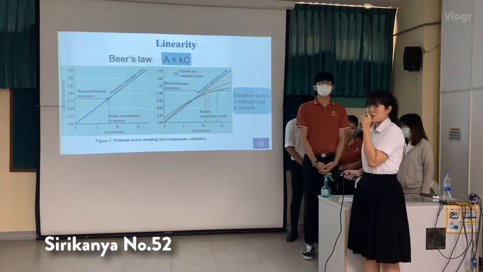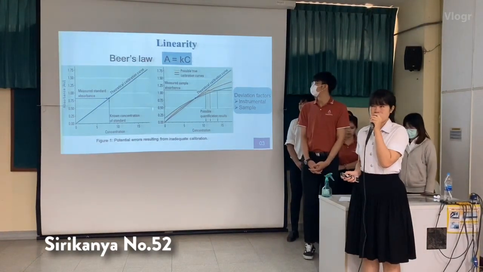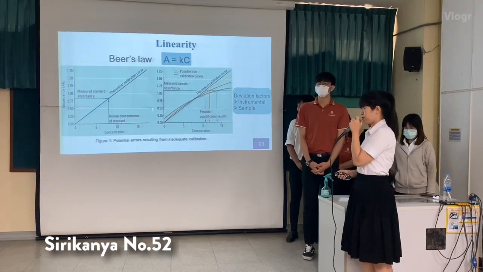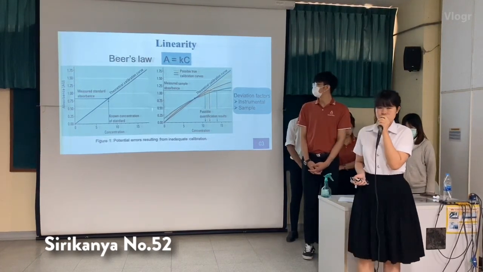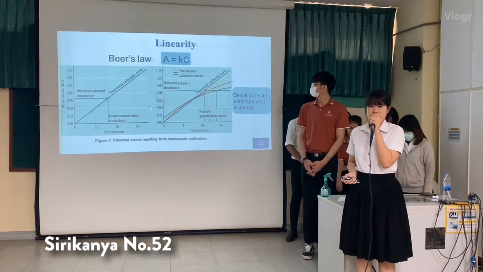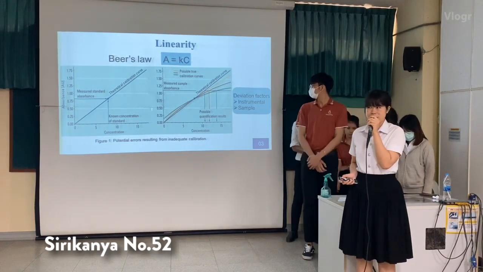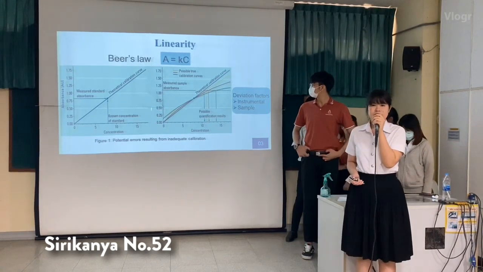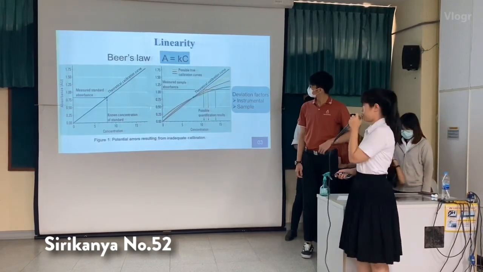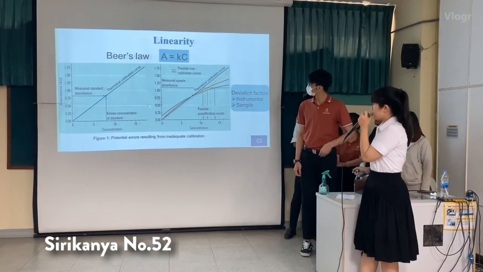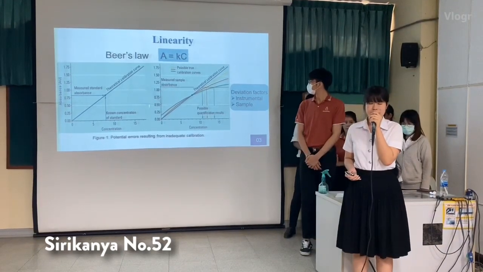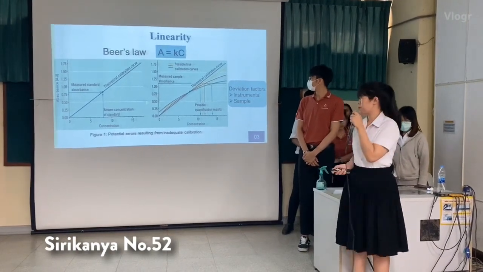When measured at the same absorbance, each colored curve gives a distinct concentration, which shows that the errors that occur in practice can be both greater than and less than the true value. The deviation factors are instrumental parameters and sample parameters.